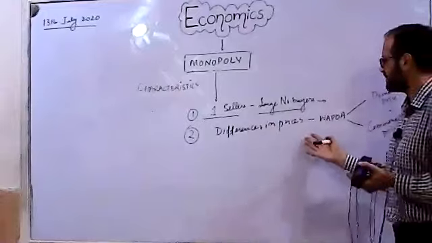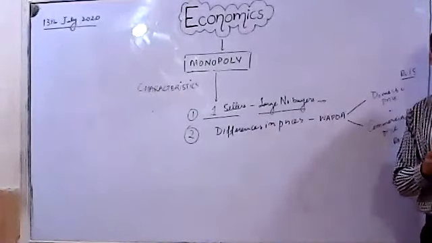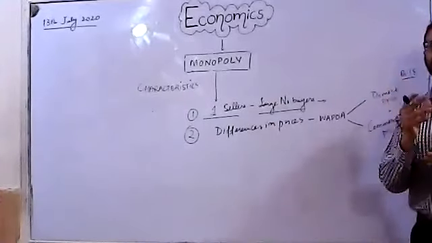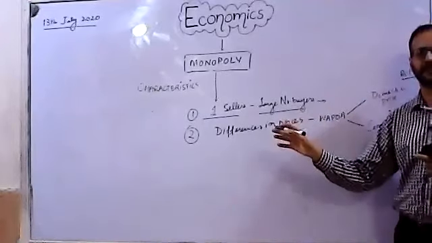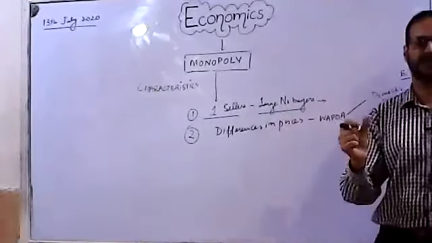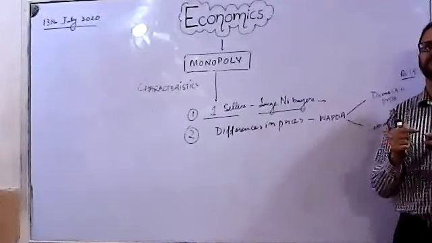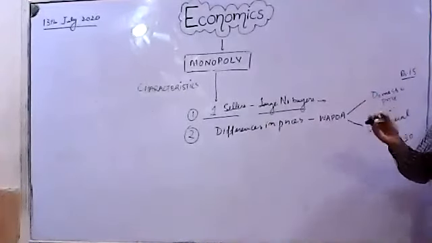Now, is it only with the public sector, or can any private individual also do that? Yes, that is right. If there is only one single physician in a town, a doctor who is taking care of your health, and he wants to differentiate his price, since he is the only one, he can charge different rates.